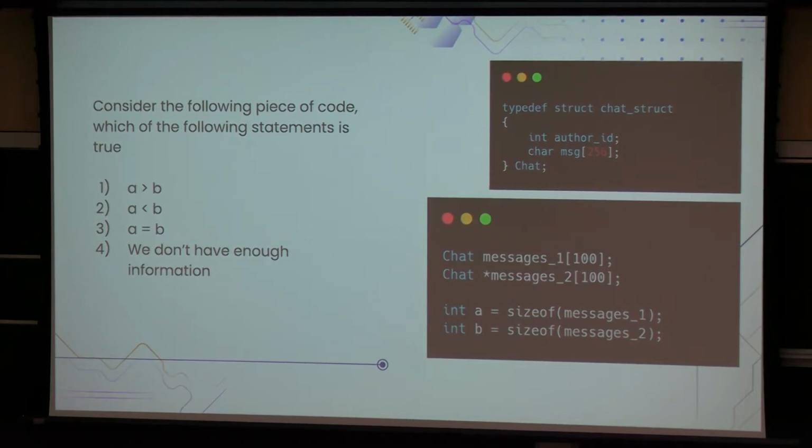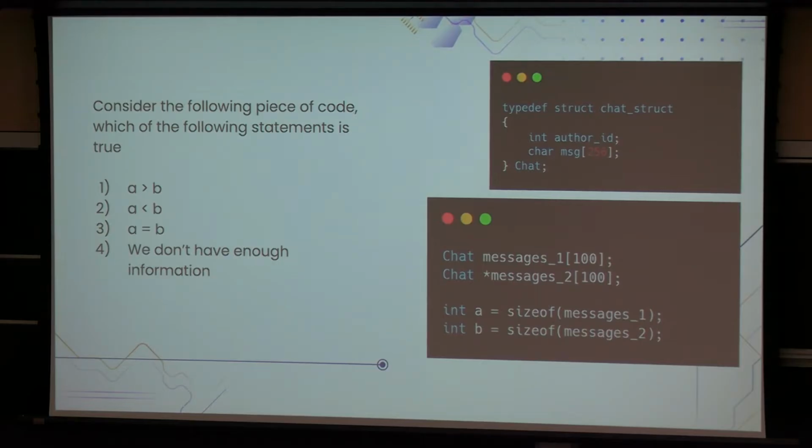Yeah? For the second one, the pointers already have a fixed size. So the size will be the pointer size times 100. But for the first, each message has 256 chars, and each char is 1 byte. So in the worst case it should be bigger. Yeah, that's exactly right.